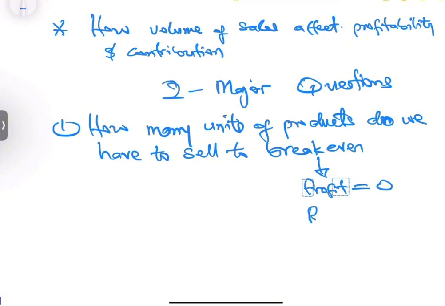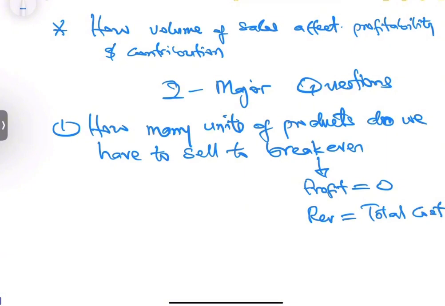And for profit to be equal to zero, revenue has to be equal to not just costs, but total cost. I'm sure you are wondering, because I wanted to put the word total cost, because there are different types of cost. You can have variable cost, you can have fixed cost. So as a professional, you have to be careful. Total cost. When your total cost equals your revenue, then you are breaking even. At that point, the profit is equal to zero.